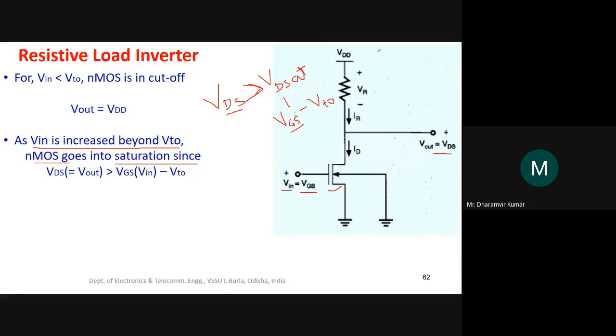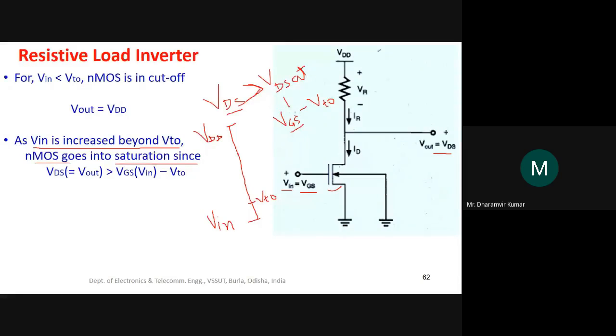Now we had started from the input VGS at 0. Let's say this is the scale, and this is the maximum point, VDD, and let's say this is the threshold voltage of the device, somewhere here.